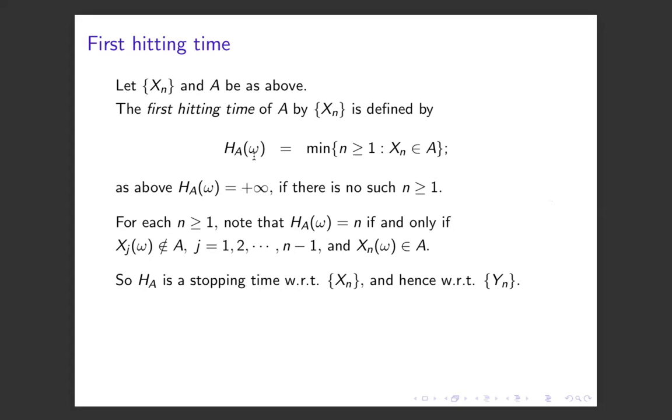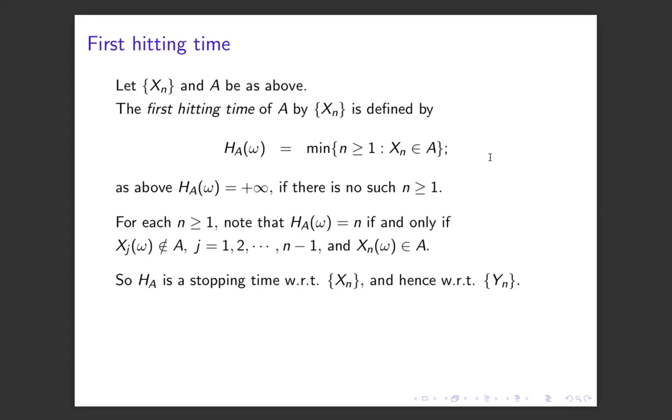No. What this is, h sub A is a function defined on the sample space capital omega. For example, h sub A of omega may be equal to 1 or 2, whereas xn of omega takes a fixed value.